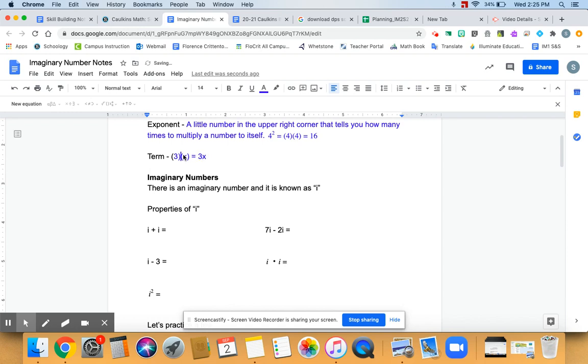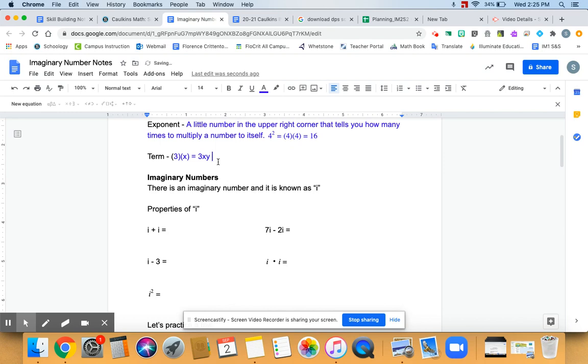And 3x is just one term now, because multiplying things together makes it become one term. Even if I added a y, that's still just one term, because whenever it's side by side like this, it means they're getting multiplied together.